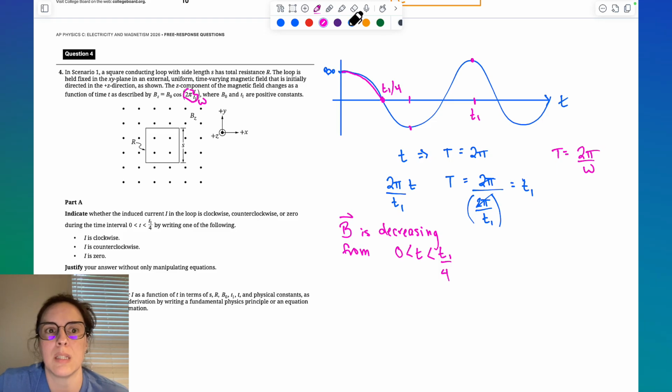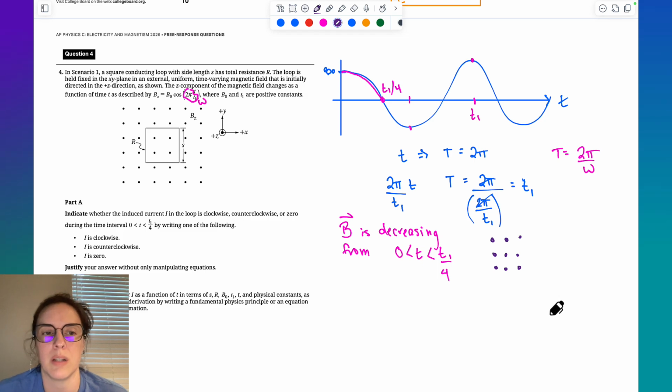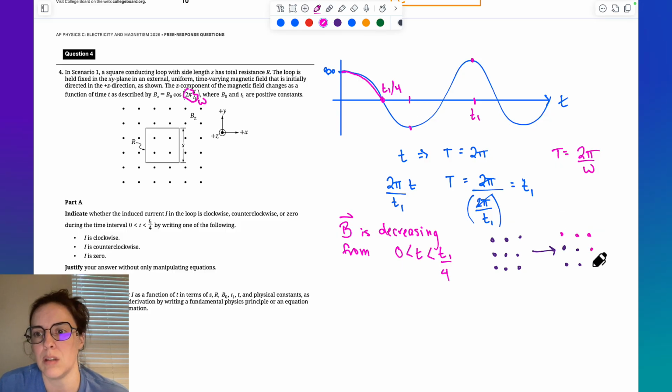And if you remember Lenz's law, I like drawing pictures for it personally. We have a bunch of magnetic field out of the page, so through my loop I have a nice flux out of the page. Some time goes by, my field is decreasing on that interval, so I have fewer dots out of the page, which means I need to induce a field that's going to give me dots out of the page to compensate, because magnetic fields don't like to change.